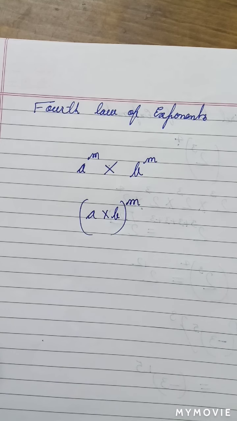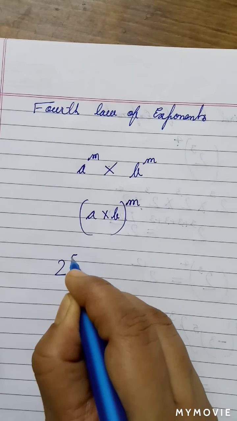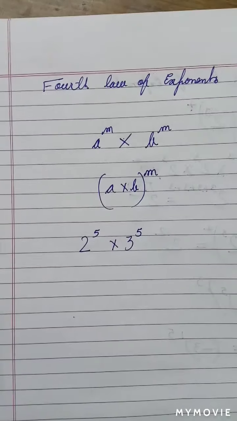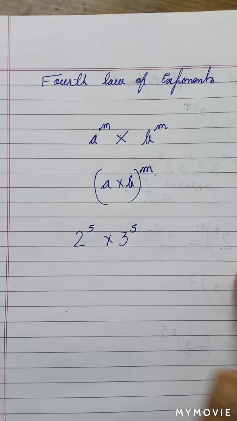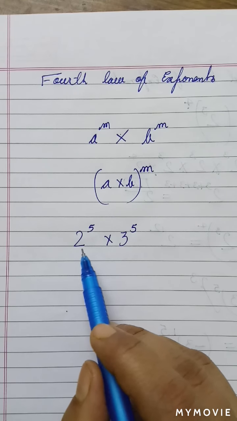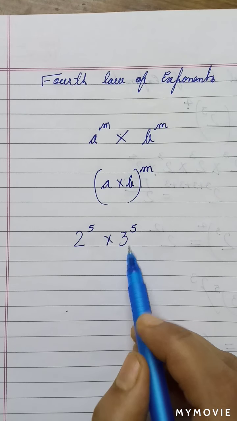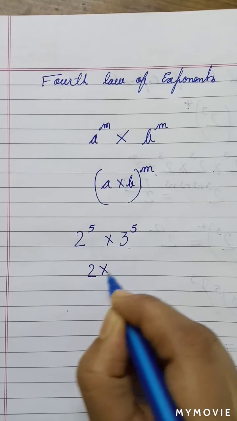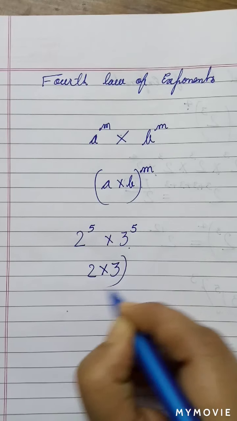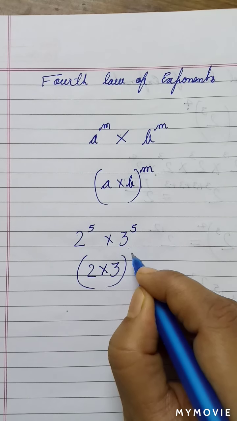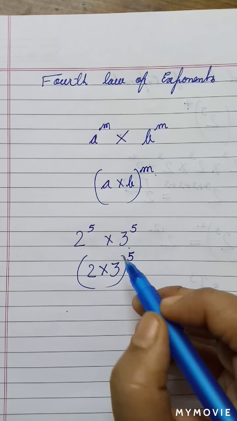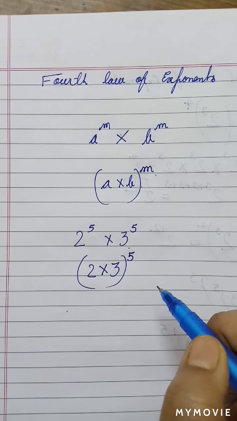Let's understand it with the help of an example. We have 2 raised to the power 5 into 3 raised to the power 5. So in this case, we have different bases but the exponents are same. So we will put the bases under the bracket and we will take the exponent outside, and this will be the exponent of the product of the bases.